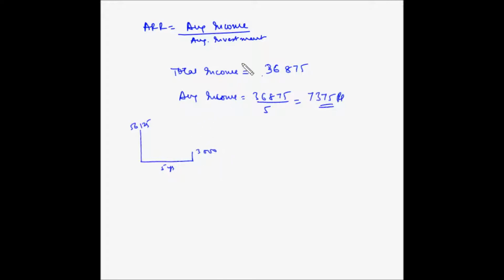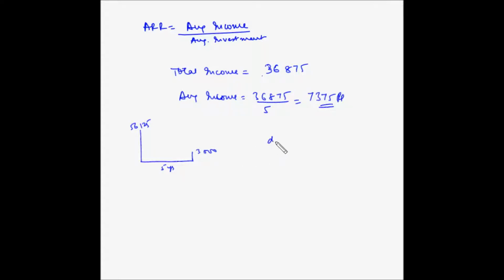So the average investment in terms of this can be found out by finding the depreciable value of the machine and taking the average of it, that is taking half of it. So the depreciable value is 56,125 minus 3,000.